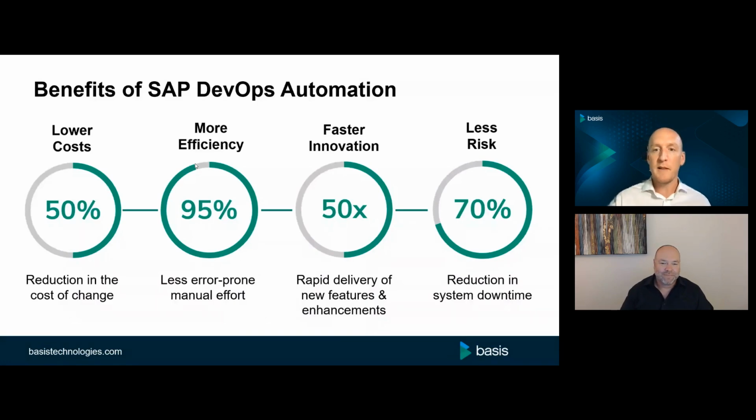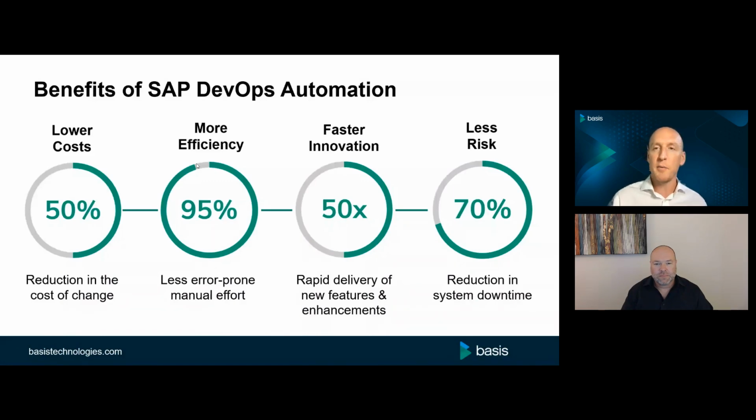So hopefully that's given you a bit of food for thought and some ideas about how you can help your colleagues in the SAP world to work better, or if you're working in SAP already, to bring some of these DevOps ideas to bear in those workflows.